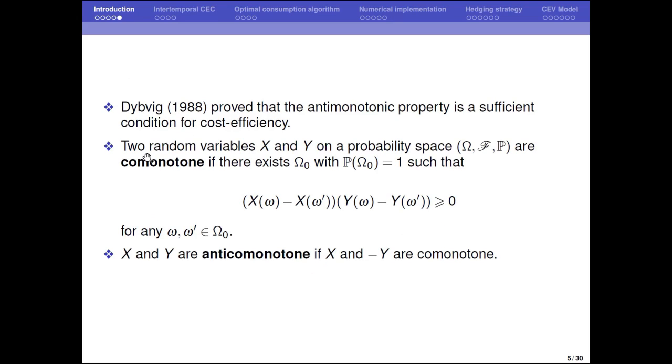That means that if I have two elements of omega, and I apply the random variables X and Y, I say that they are comonotonic if this multiplication is bigger than 0, and anti-comonotone if X and minus Y are comonotone. So it's like the correlation. We can think that anti-comonotone means that they are negatively correlated.